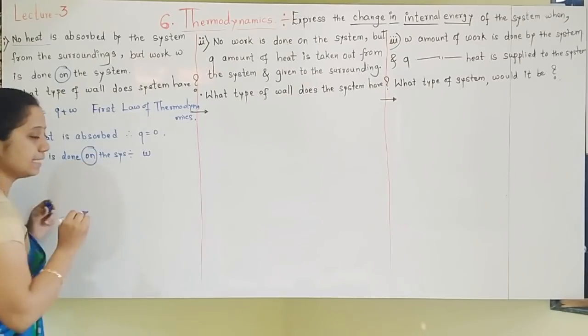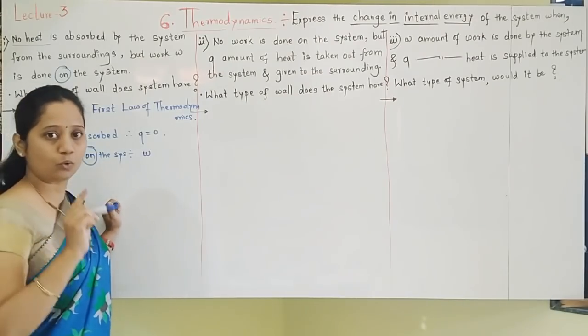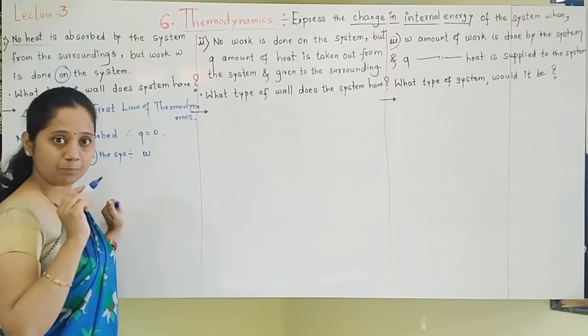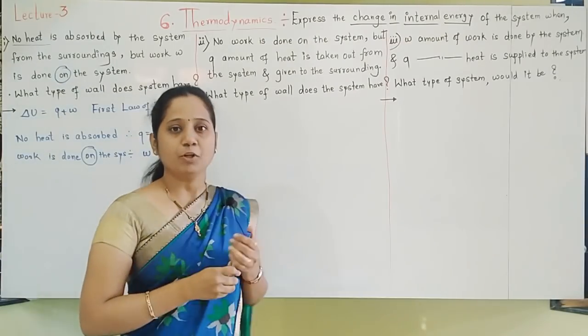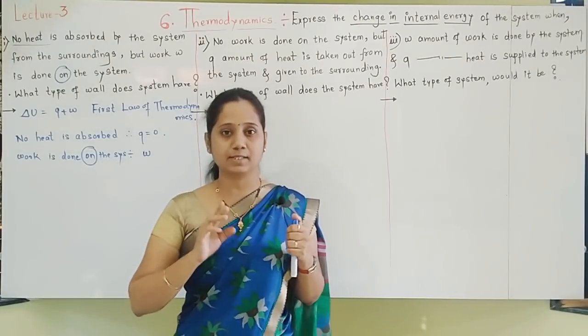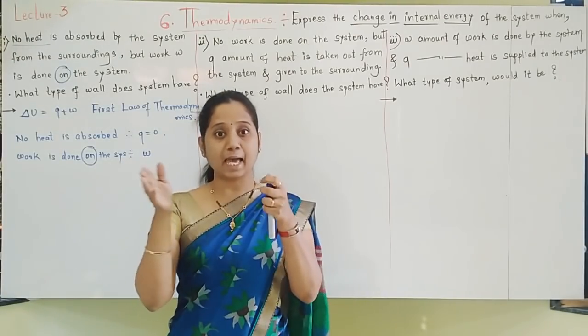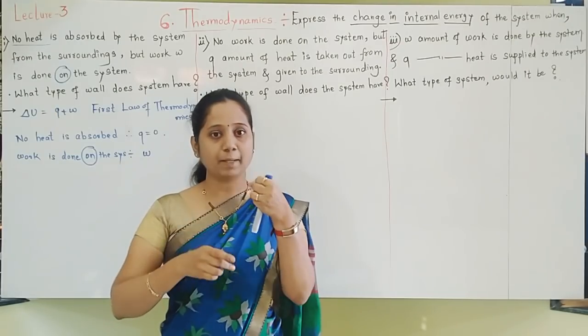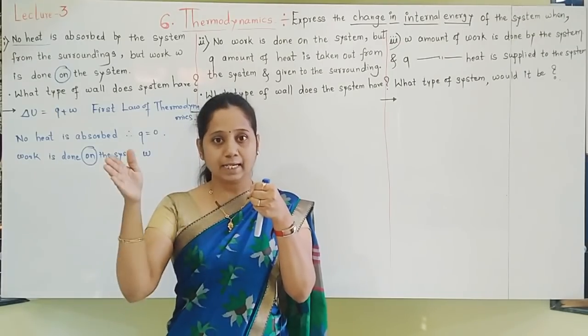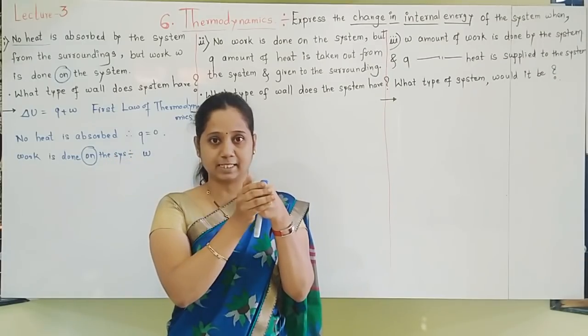Yesterday I told you the sign conventions, so write them all down properly. Always remember the sign conventions, students. For heat, plus or minus, how to write? If heat is absorbed, then it is positive. Absorbed by the system means heat goes from the surrounding to the system.